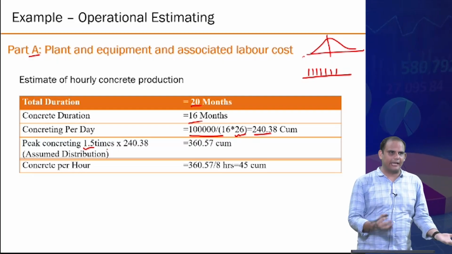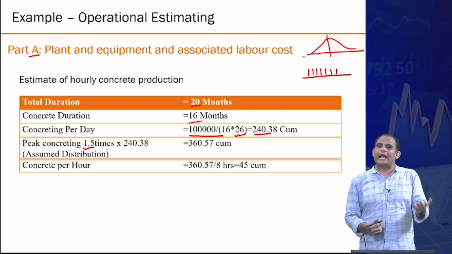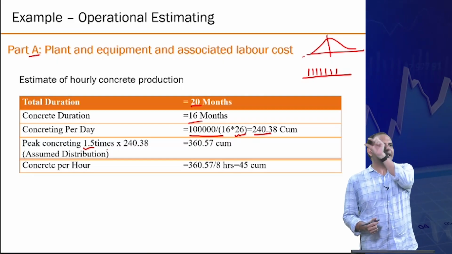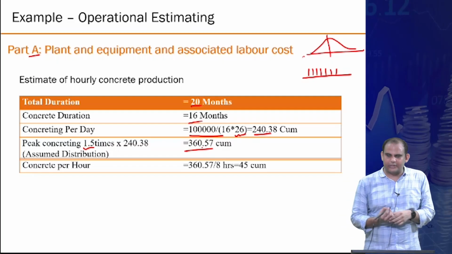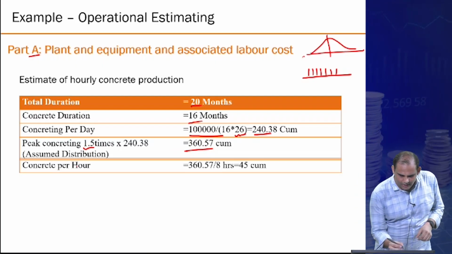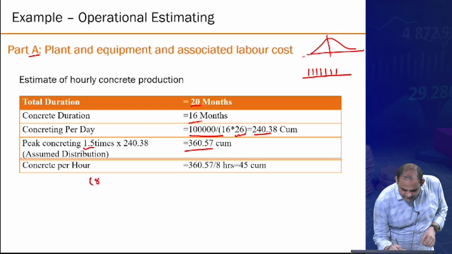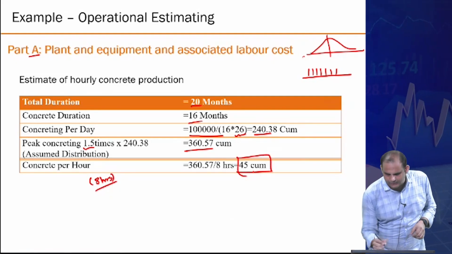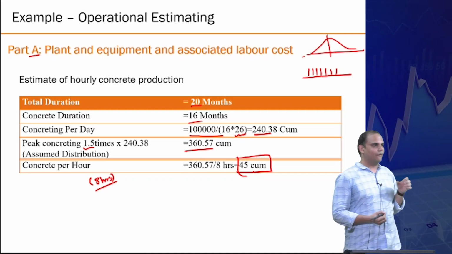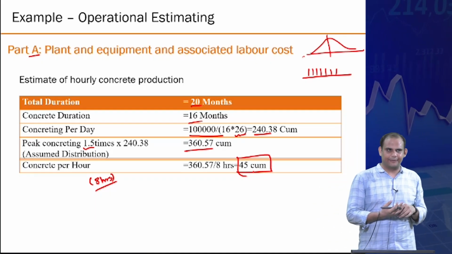You could also estimate based on the actual schedule, you know the concreting activity. In this case, I am just assuming 1.5. So that's about 360 cubic meters in a day. Now, assuming the number of hours in a day is 8, you are dealing with a capacity of 45 cubic meters per hour.